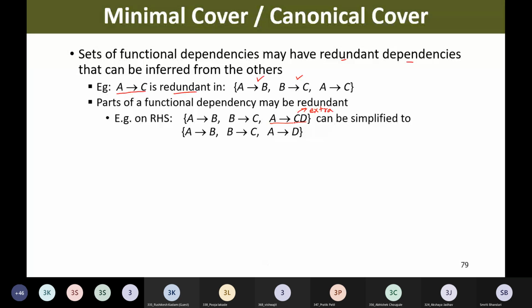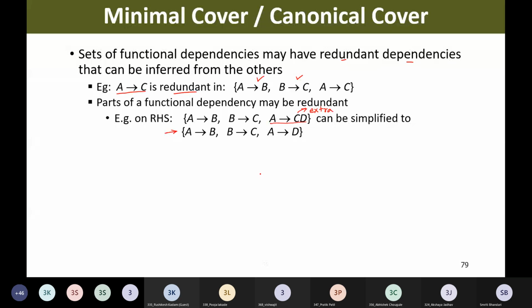Even if we omit attribute C from the functional dependency, it is possible for us to come up with the dependency A determining CD by making use of this simplified set of functional dependencies. So A to B, B to C, A to CD can be simplified to A to B, B to C and A to D by removing the extraneous attribute C.